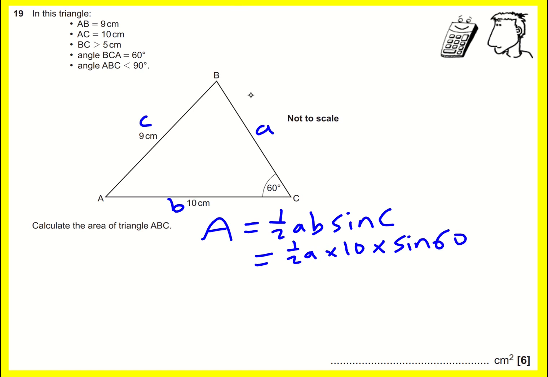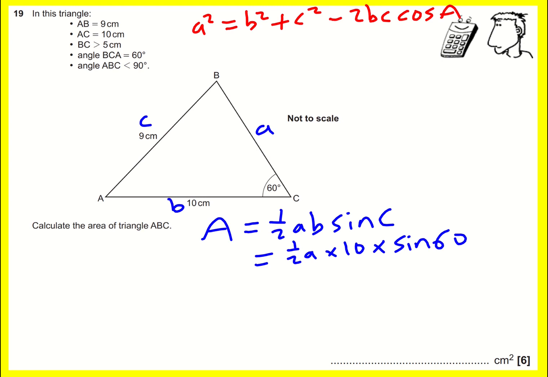It's not a right angled triangle, so we can't use Pythagoras. We've got to use the non-right angled version of Pythagoras, essentially. We're going to be using the cosine rule. So the cosine rule says that, this is how I remember it, a squared equals b squared plus c squared minus 2bc cos A. But we can rejig these depending on what angle we know.